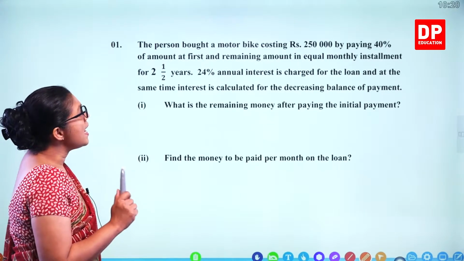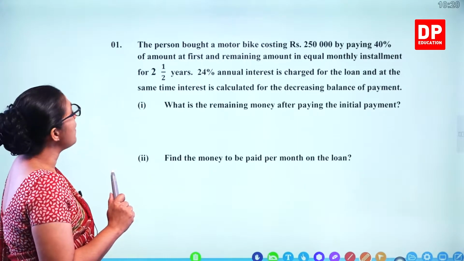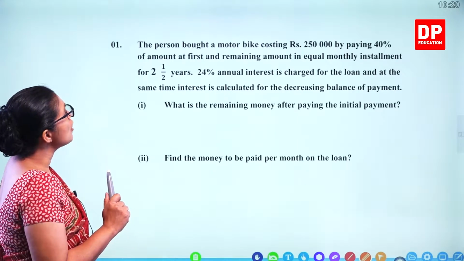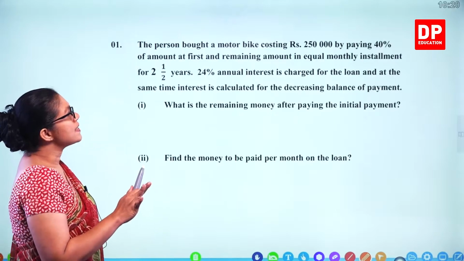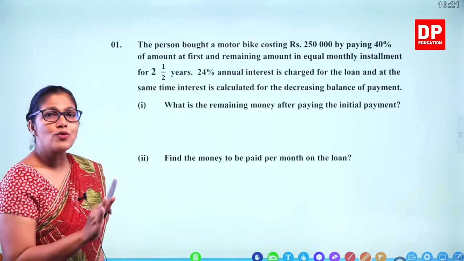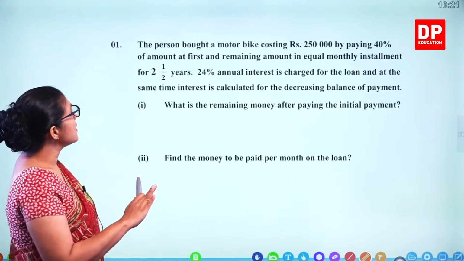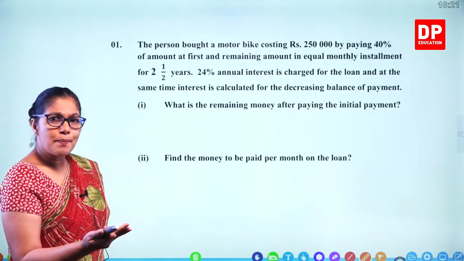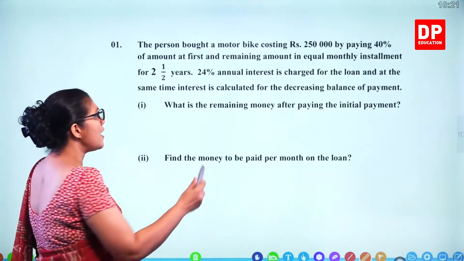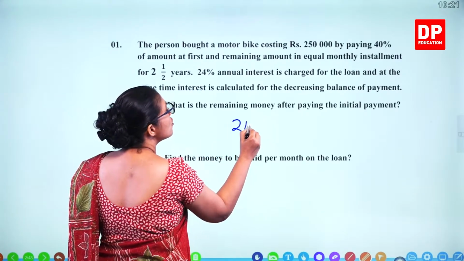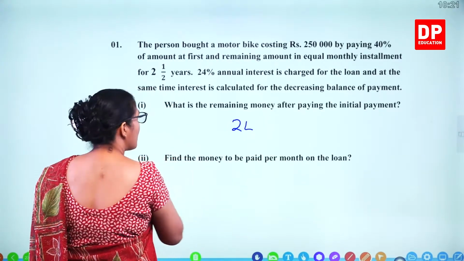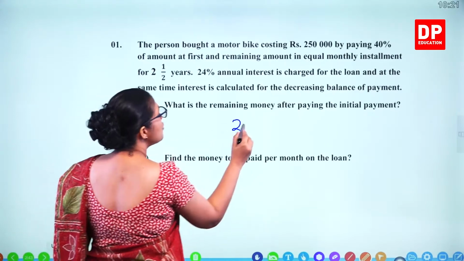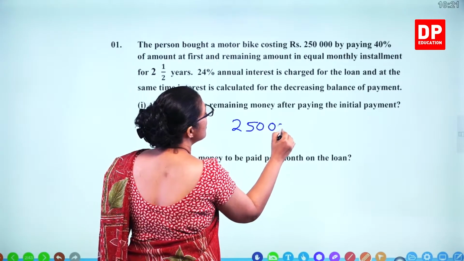What is the remaining money after paying the initial payment? So what's the initial payment? 40% of 250,000 rupees. So 40% paid, the remaining means 60% of that value. So straight away you can find 250,000 rupees times 60%.